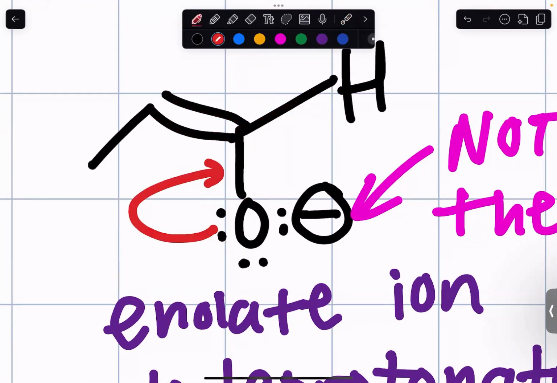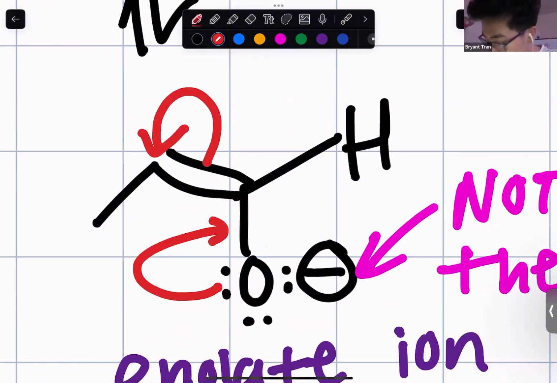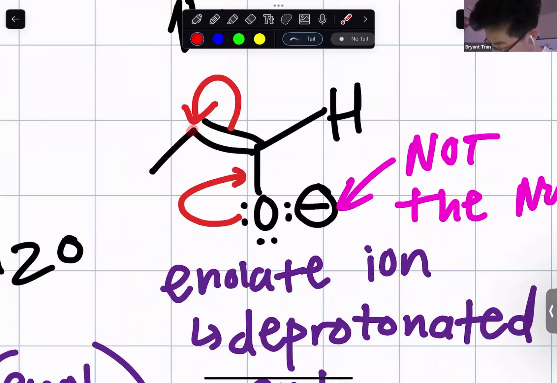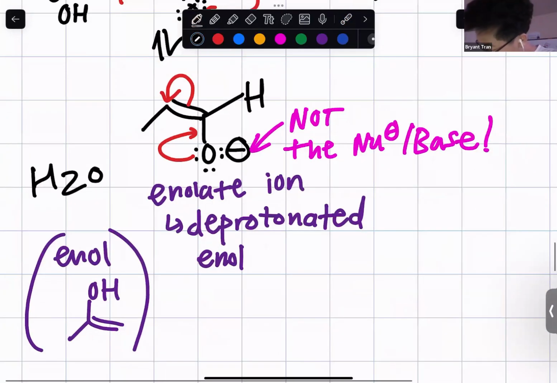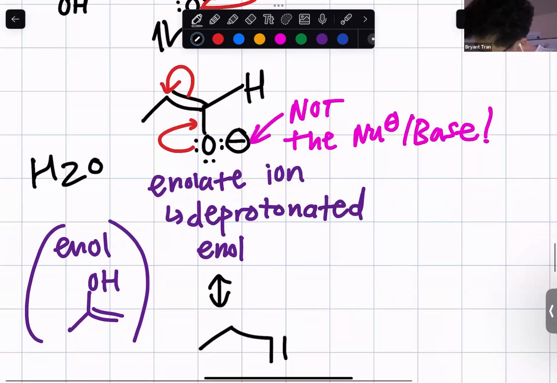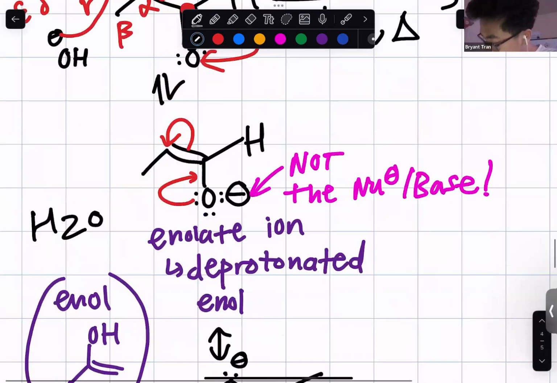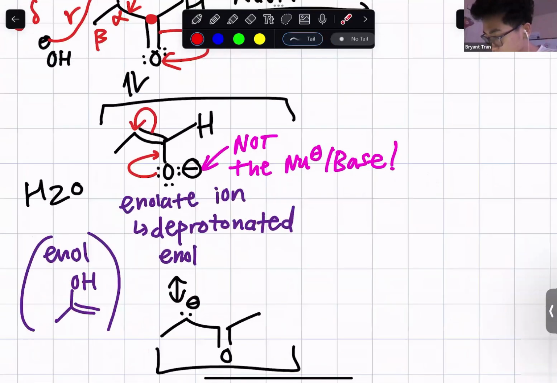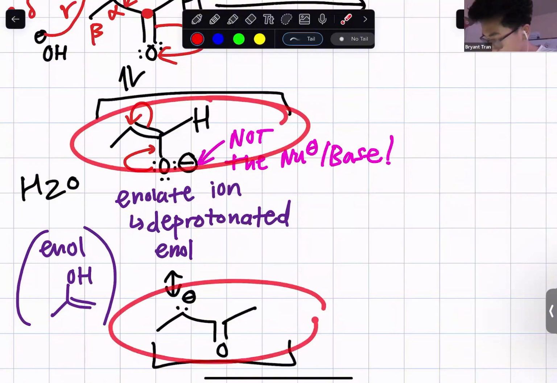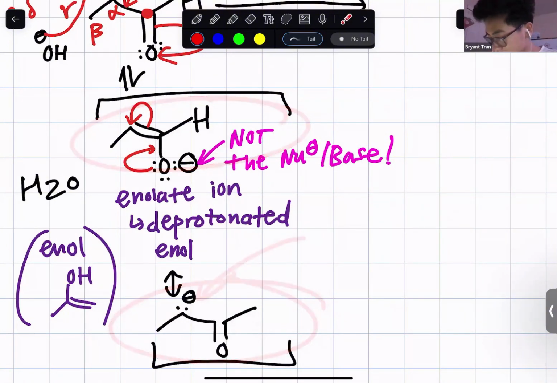To conserve the octet rule, we push this double bond onto that carbon, giving that carbon a pair of electrons and a negative charge. So I'm going to draw the resonance structure going down here. In resonance structures, we have to maintain the charge. Since we had a negative charge here, we have a negative charge in the resonance structure as well, on that carbon.